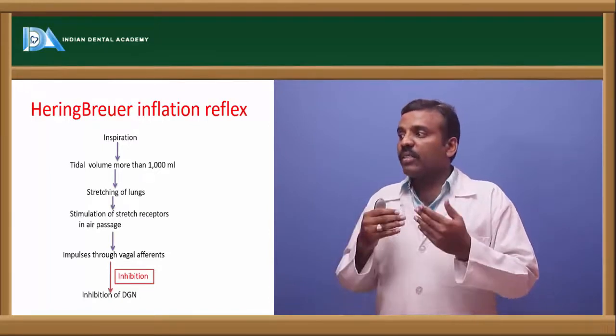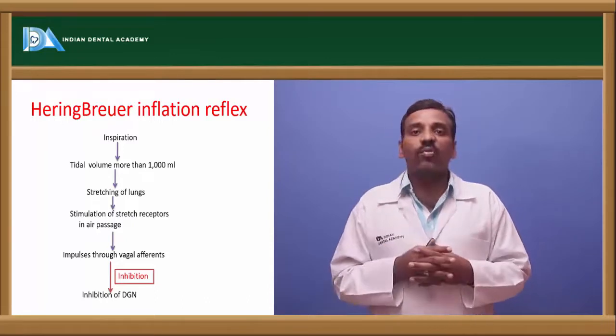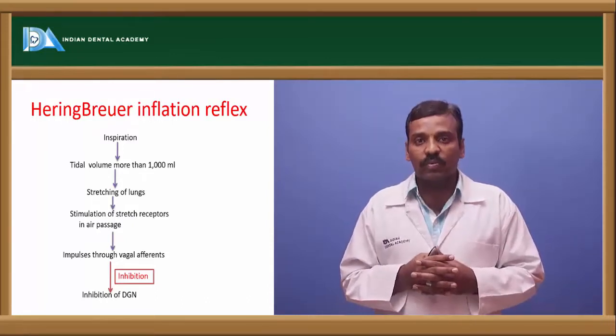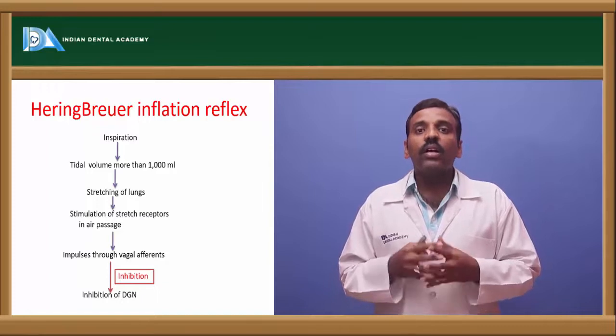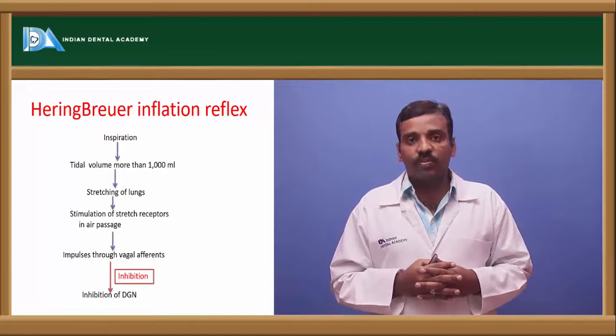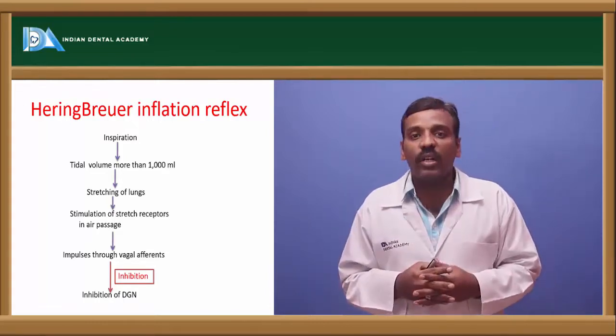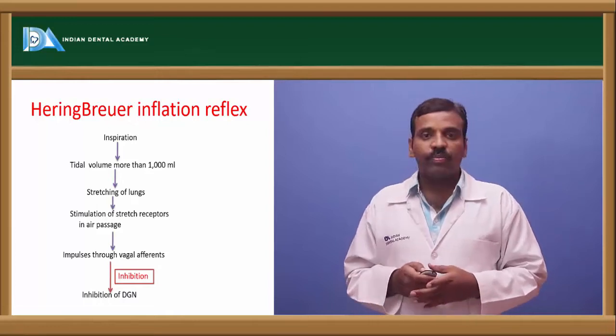Then impulses go through the vagal afferent nerves, causing inhibition of the dorsal group of neurons and inhibition of inspiration. This phenomenon is called the Hering-Breuer inflation reflex.